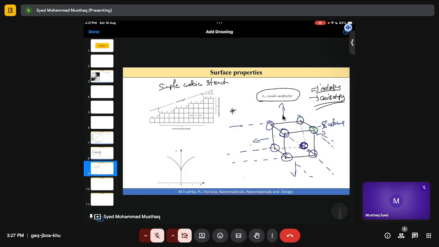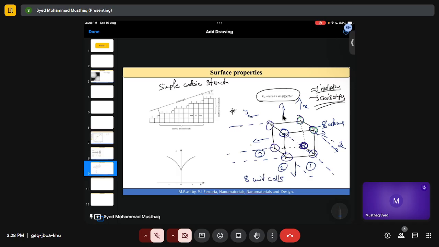So this will be my y-axis, this is my x-axis, and this will be my z-axis. So before you will get another one, and cross diagonally you will get another one. So there are three, and on top the same three. So each cube is shared by how many? 4 and above 4, so 8 unit cells.